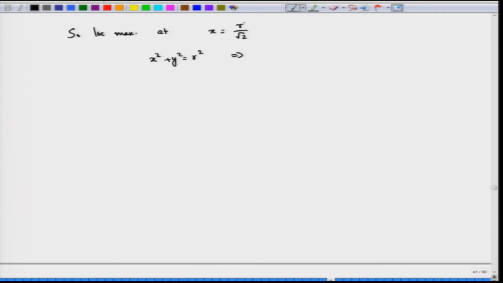This will imply that when x equals r by square root of 2, where the maximum area occurs, r square by 2 plus y square is equal to r square. This implies that y square is also equal to r square by 2. Therefore, x is equal to y. That means the rectangle is a square.